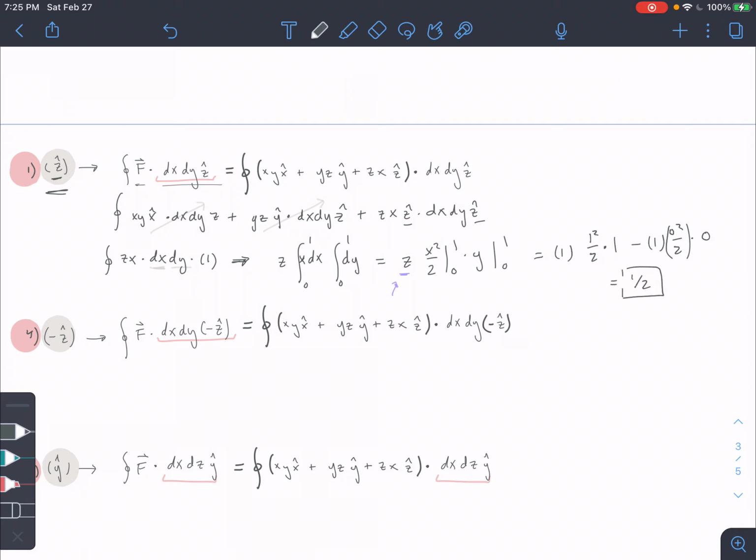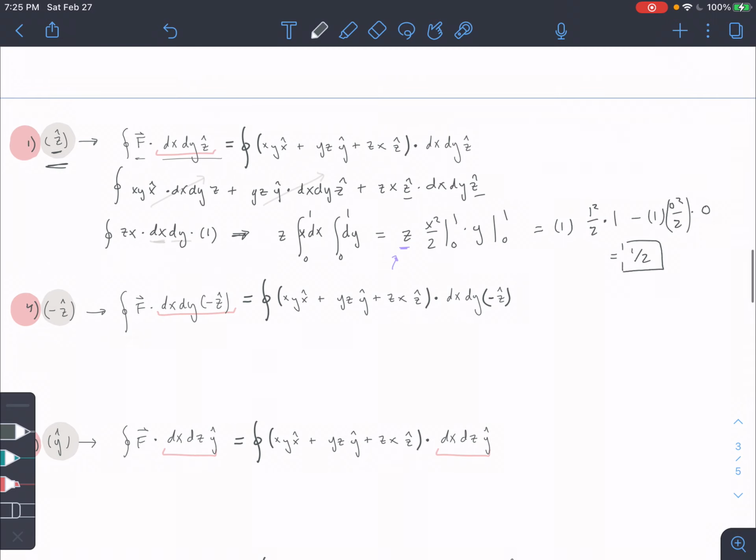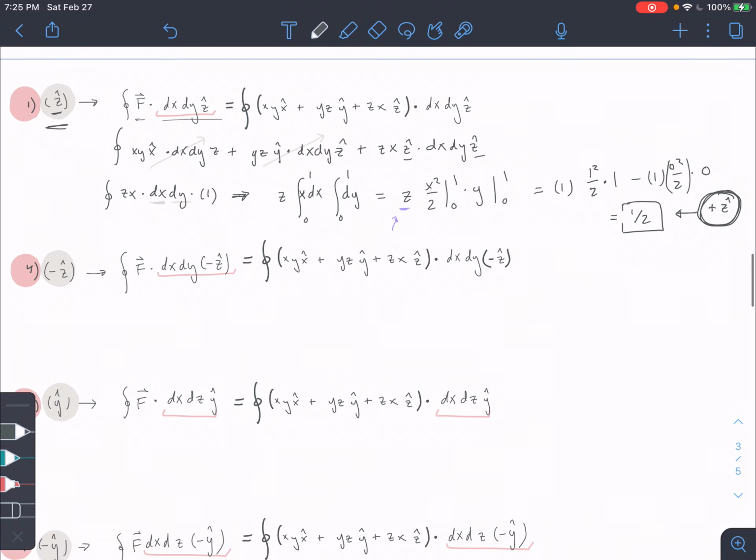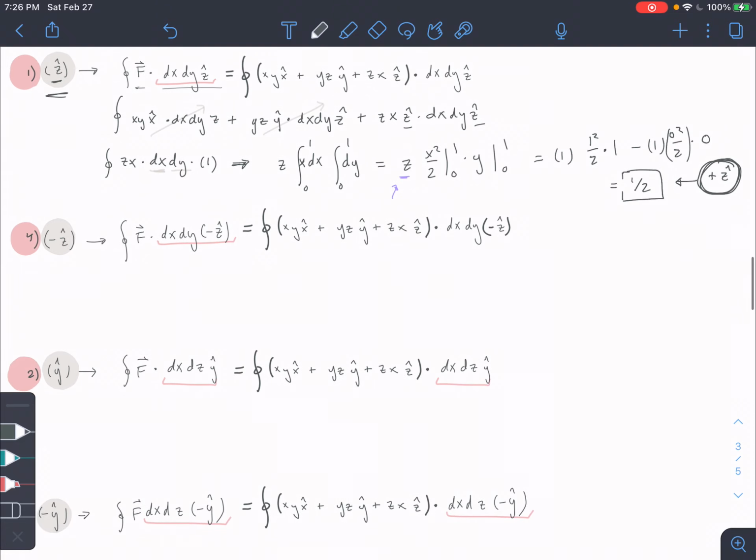So for section 1, differential surface 1 in the z hat direction, our answer is equal to 1/2 this positive z hat. And this isn't a unit that I'm applying to the answer. This is just saying this is the surface that we're looking at. I think it's just a good way to label them. Okay, so let's look at the negative side.